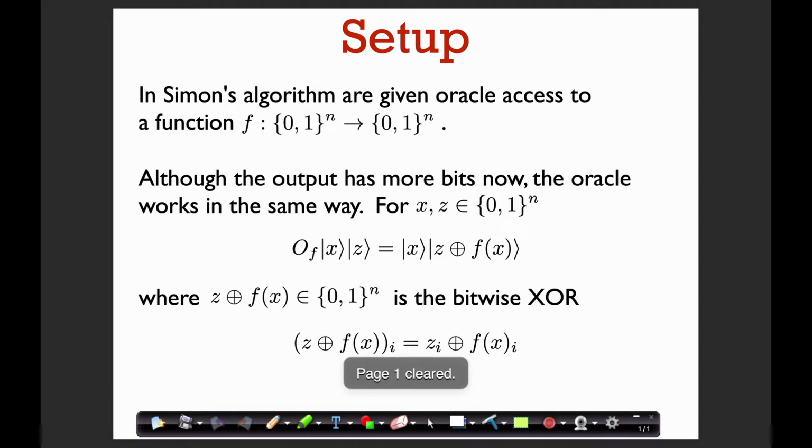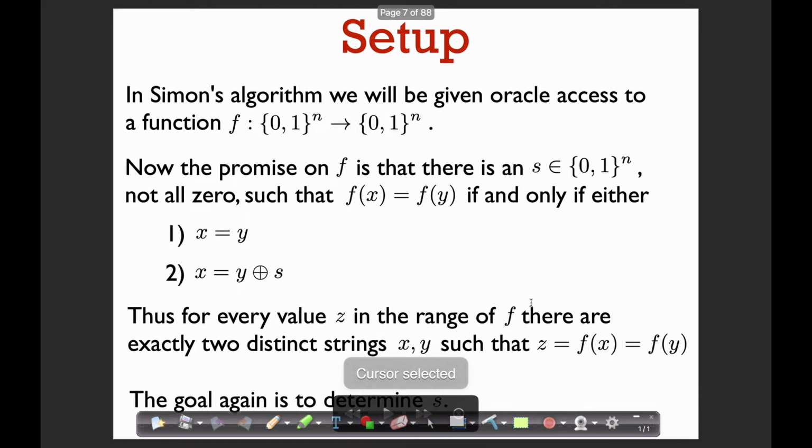We're again going to have a promise on the function f. This time, the promise is that there is an n-bit string s such that f has the property that f of x equals f of y if and only if either x is equal to y or x is equal to y XOR s.